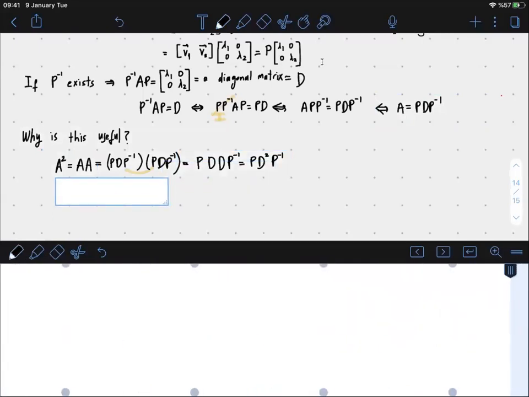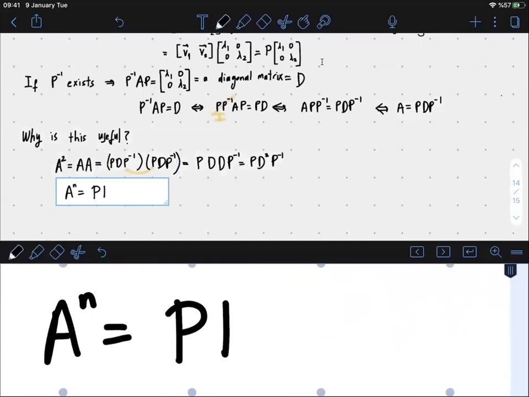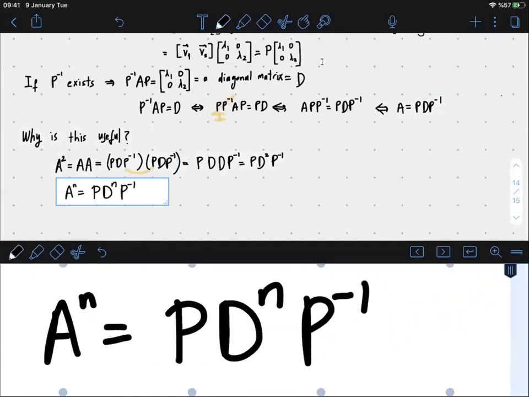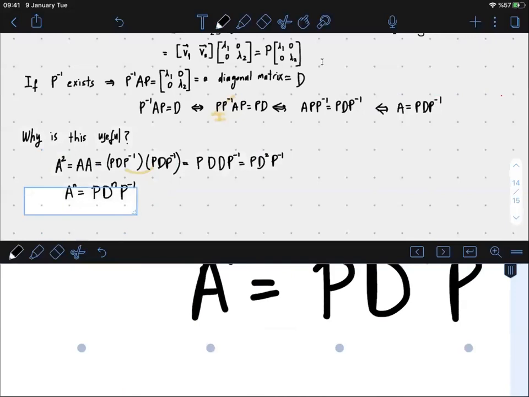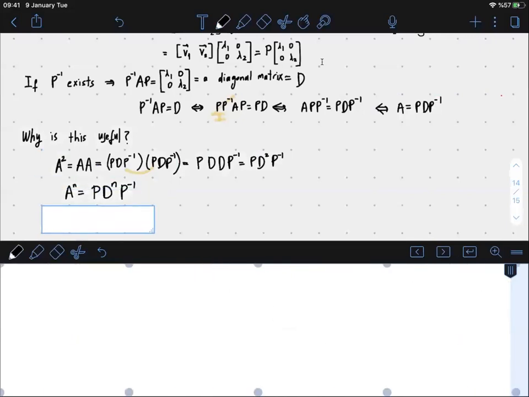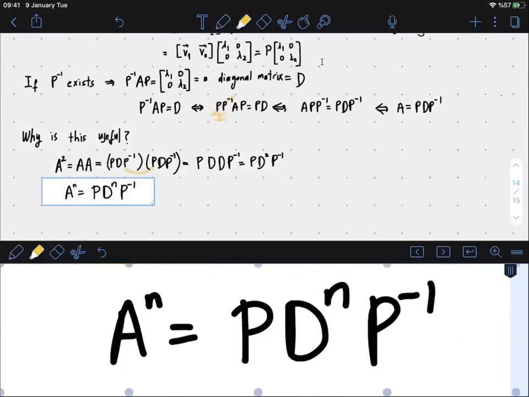What about A cubed, or A to the power n? If I compute A to the power n, the result will simply be P times D to the power n times P inverse. In general, taking powers of a matrix is not easy, but taking powers of a diagonal matrix is easy.